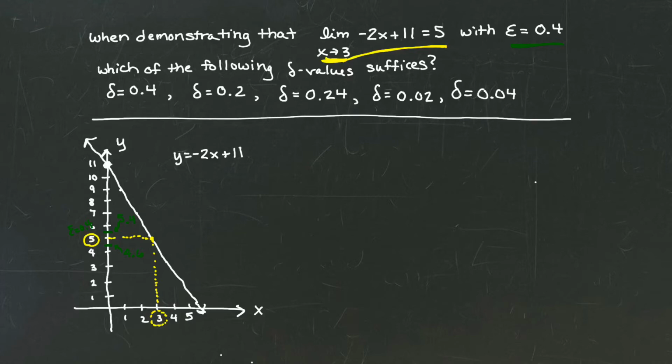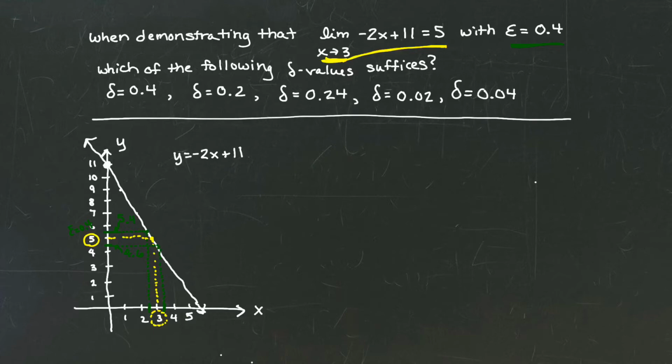Once we have our epsilon band, we're good to go, because this epsilon band is applied to the function, and so we can find x values mapping to those particular y values, 5.4 and 4.6. If I come down, I will find 2 x values that map to those y values.